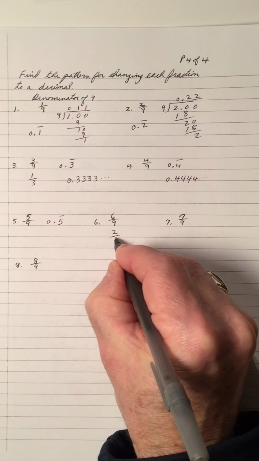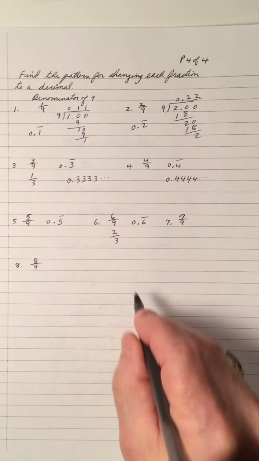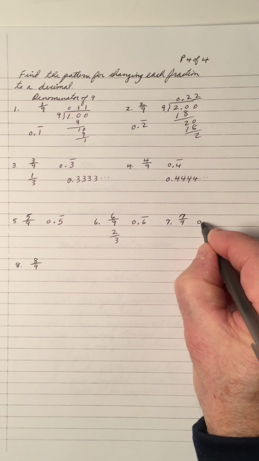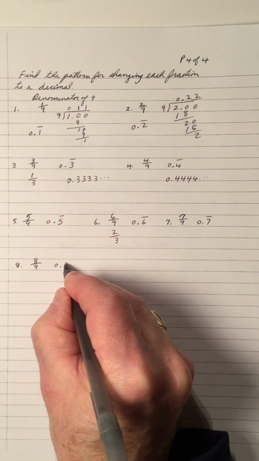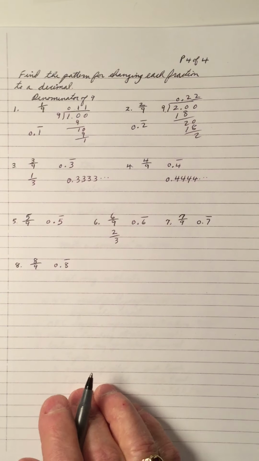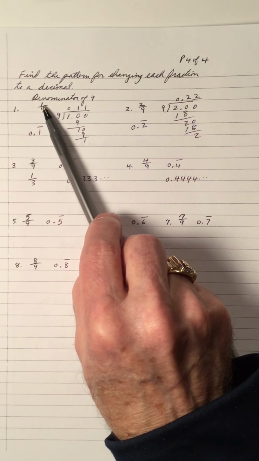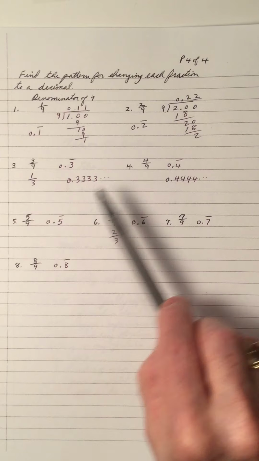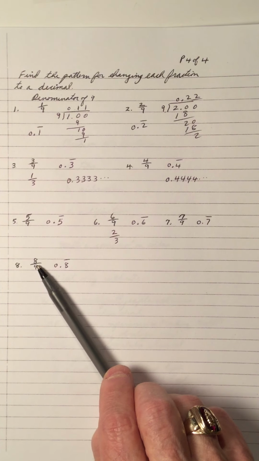6/9 is 2/3. And 2/3 is decimal 6 repeating. Decimal 6, 6, 6, 6, 6. 7/9 is decimal 7 repeating. 8/9 is decimal 8 repeating. Notice when your denominator is 9, the repeating decimal is your numerator. 1 repeating, 2 repeating, 3 repeating, 4 repeating, 5 repeating, 6, 7 repeating, 8 repeating.